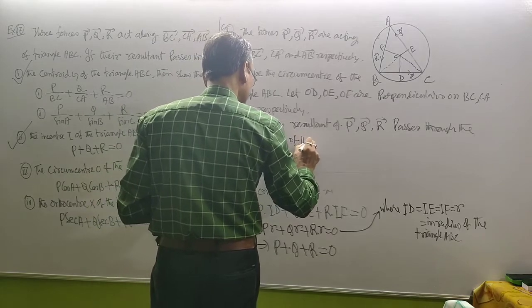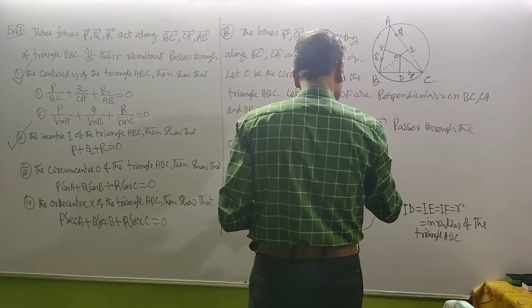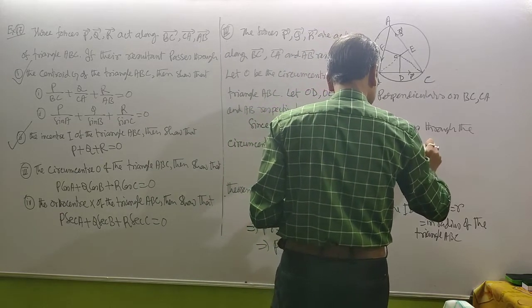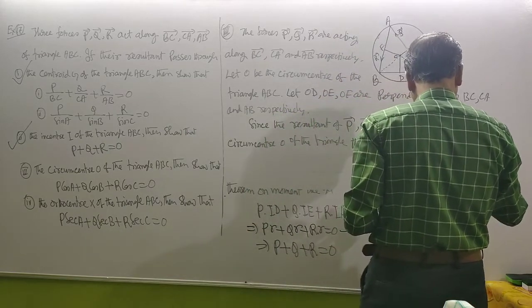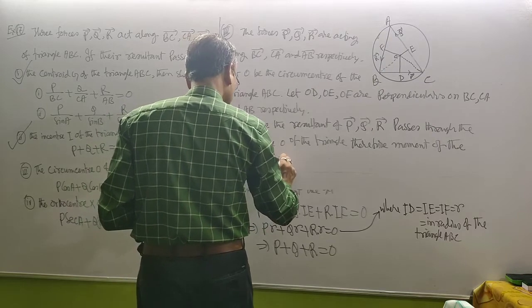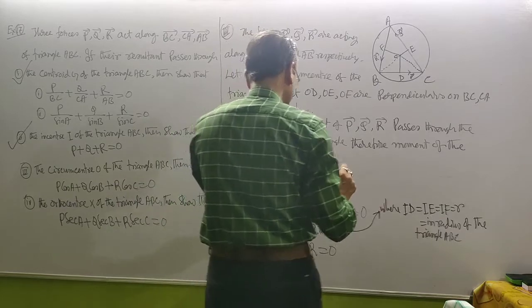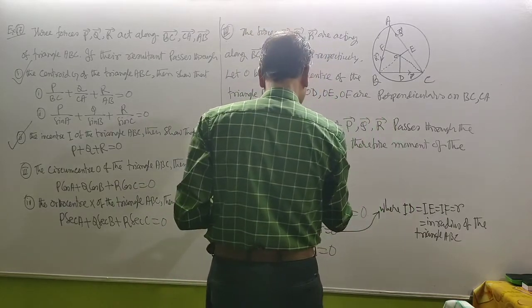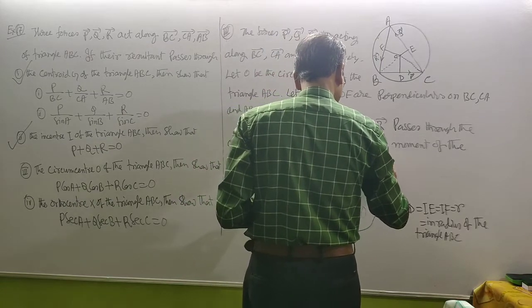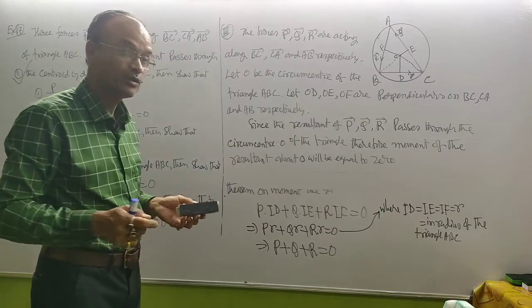Moment of the resultant about O will be equal to 0.